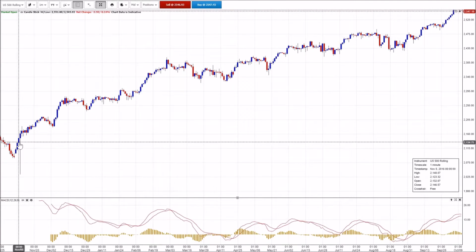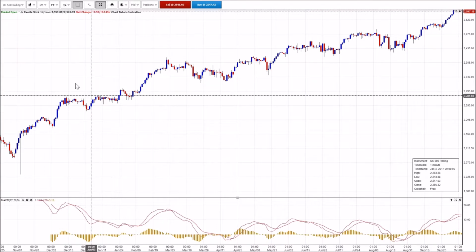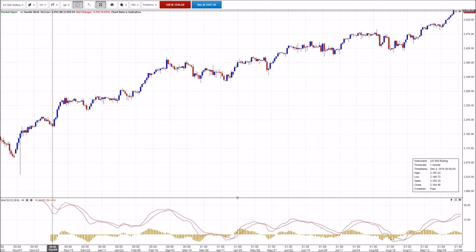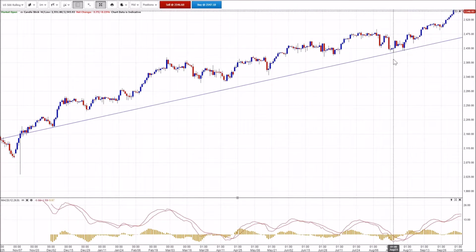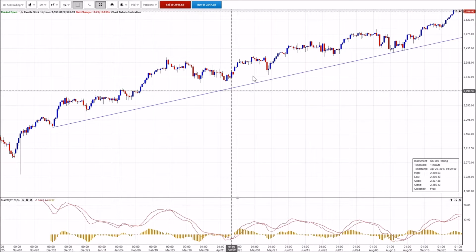About 2100-ish, give or take. And we're now at 2550-ish. So the market's rallied 400 points, more than a 20% rally since the US election last year. So let's not kid ourselves which way the trend is on this market. It's clearly up. And we do get tiny sell-offs, but they don't seem to last very long.